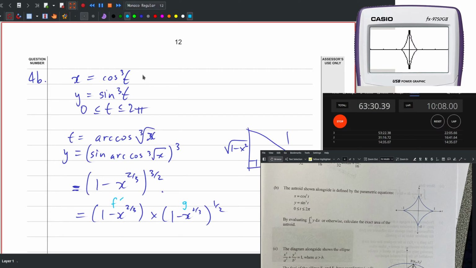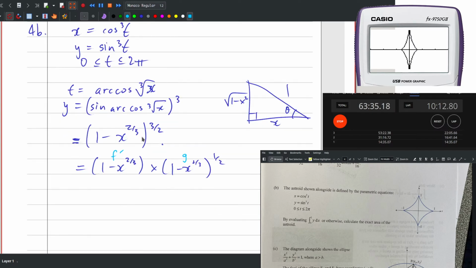Suspicious. Okay, there's no way this works. I don't know. What is the answer anyway? 1 minus x to the power of 2 on 3, to the power of 3 on 2.